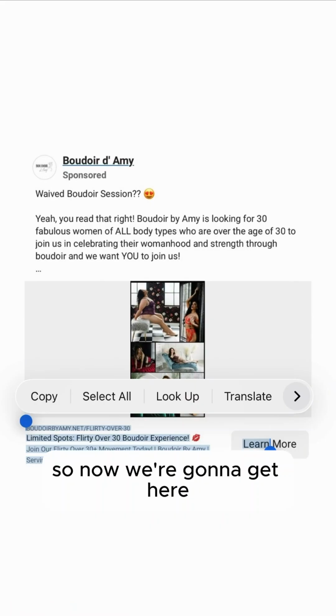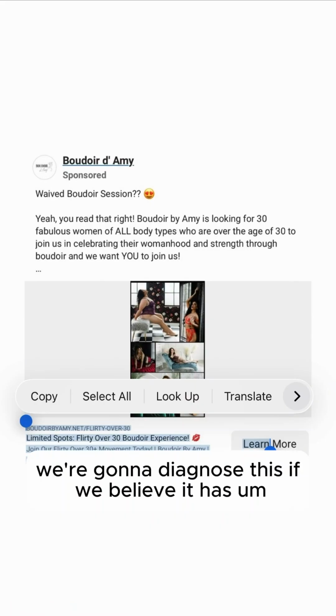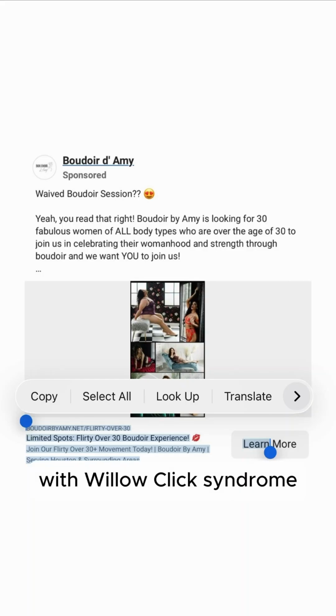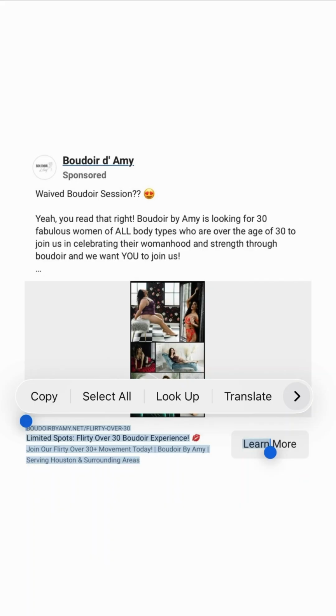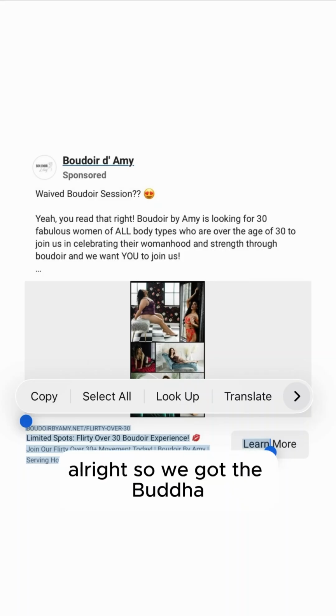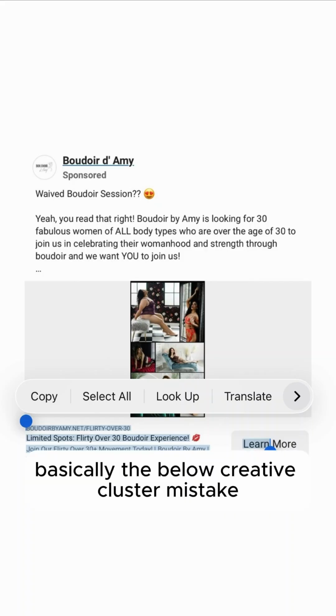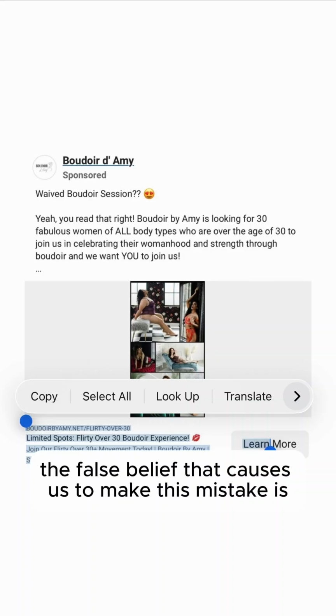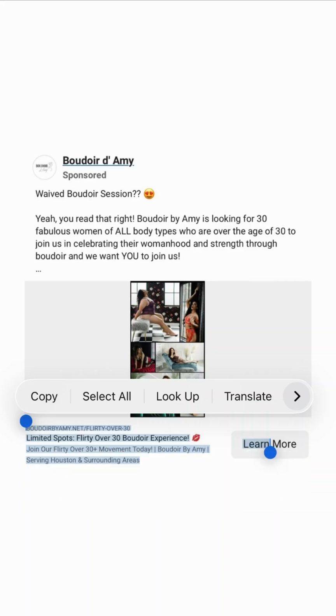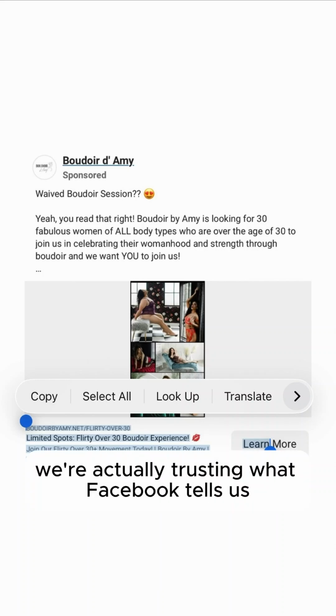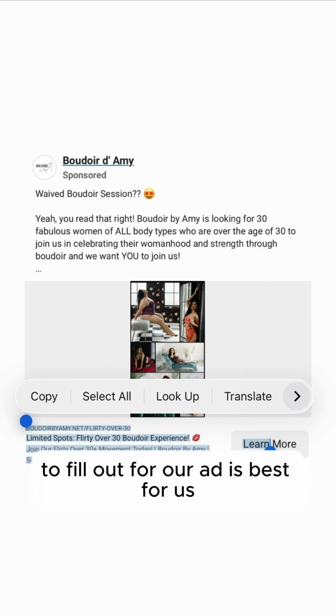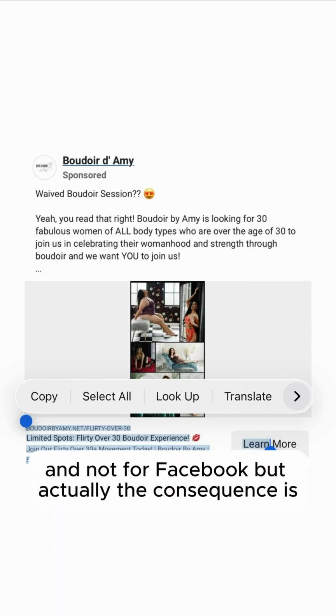So now we're going to diagnose this if we believe it has boudoir low click syndrome. First thing I'm looking at is the boudoir, basically the below creative cluster mistake. The false belief that caused us to make this mistake is that we're trusting that what Facebook tells us to fill out for our ad is best for us and not for Facebook.